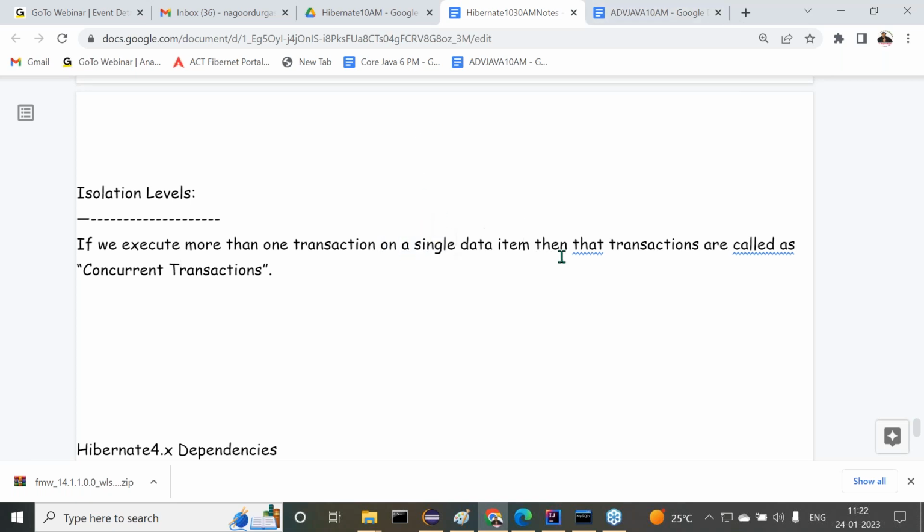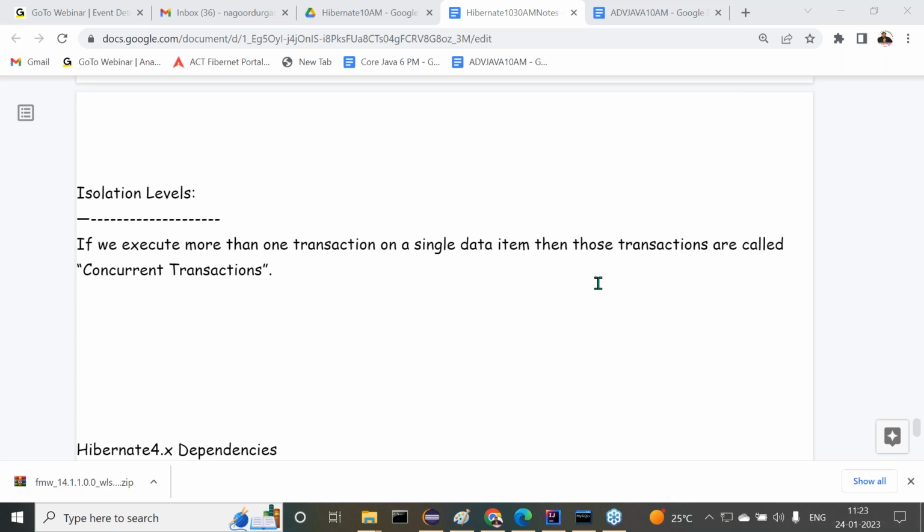Guys, observe carefully. If we execute more than one transaction on the same data item, then the transactions we are performing are called concurrent transactions.